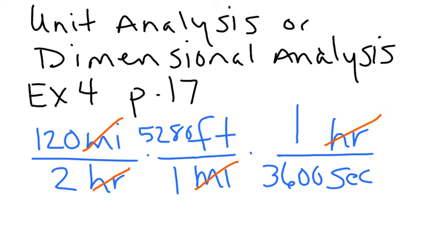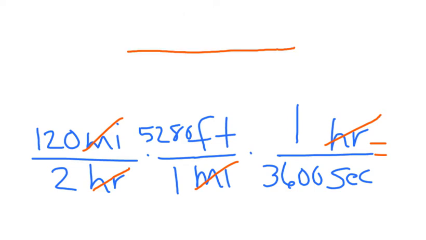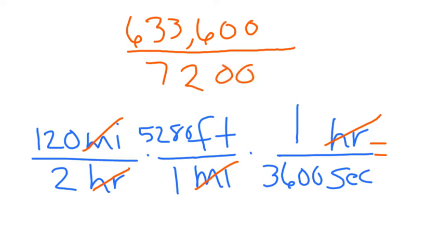So I'm going to take 120 times 5,280, get an answer. Okay, I'm going to take 2 times 3,600, get an answer. Those are going to be my top and bottom numbers. When you multiply that, you get 633,600 on top, and you get 7,200 on the bottom.